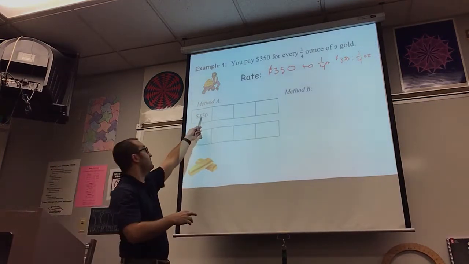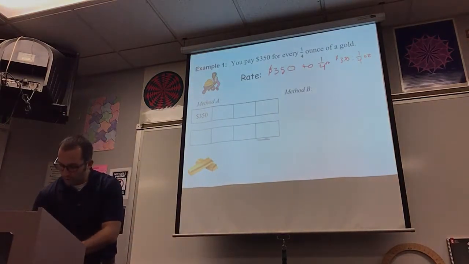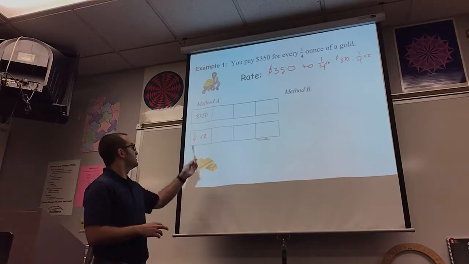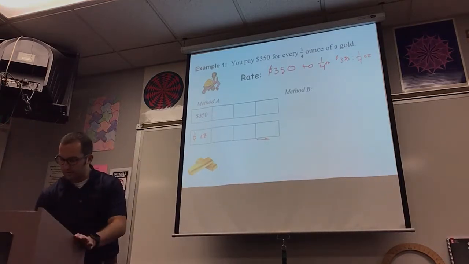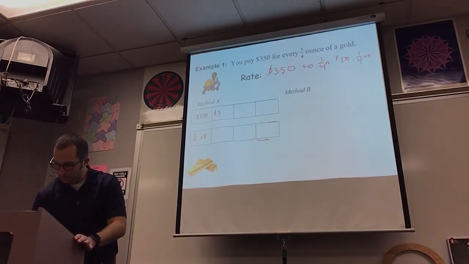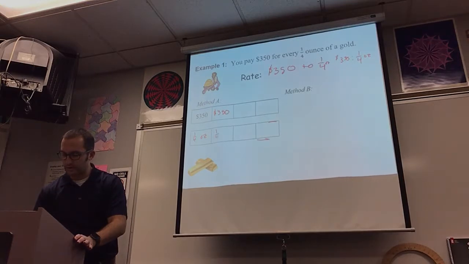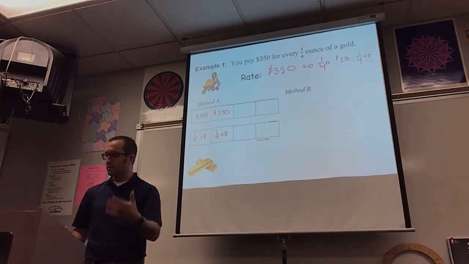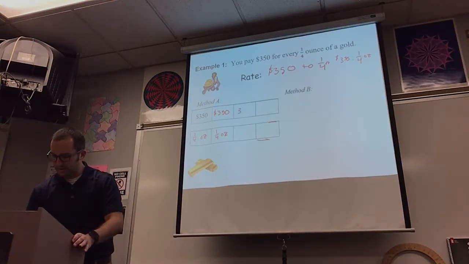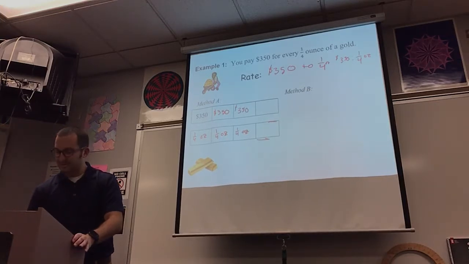It's 350 for every 1/4 ounce, which means there's another 350 for another 1/4 ounce, right? You with me so far? Which means there's another 350 for another 1/4 ounce. Which means there's finally another 350 for another 1/4 ounce.